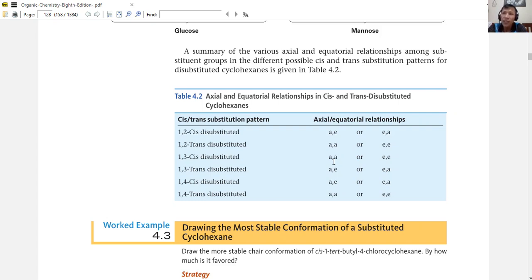If they are written in papers or published in books, you have to know that the 1,3 type is not like the 1,2 type, which we can imagine as axial and equatorial. So that's what this table says. So you have to go back if ever there's a discussion about 1,2 cis, because they will be telling us this. If we don't know that idea, we may be lost.